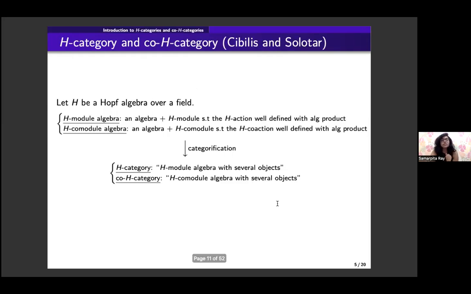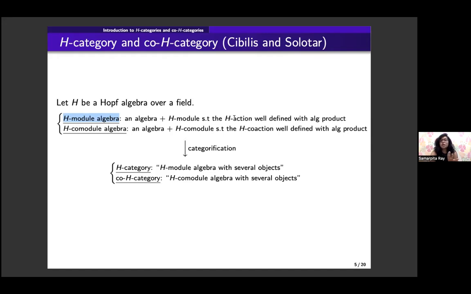Okay, so we are now set to define what an H category and co-H category are. Let me recall these Hopf algebraic concepts, H module algebra and H co-module algebra. An H module algebra is an algebra which is also an H module, such that the action of H is well behaved, with a compatibility condition with the algebra product. Similarly, an H co-module algebra is an algebra which is also an H co-module, and the coaction of H is compatible with the algebra product.